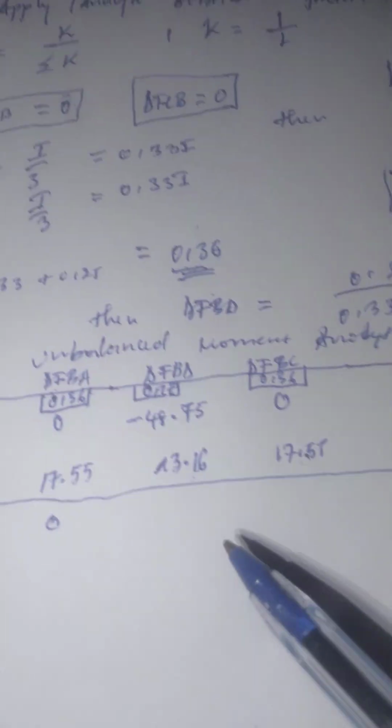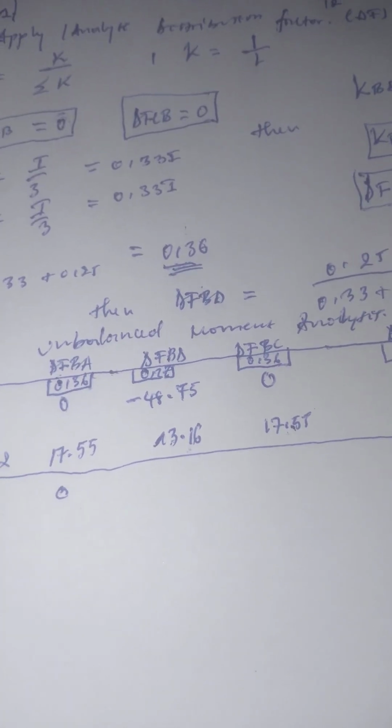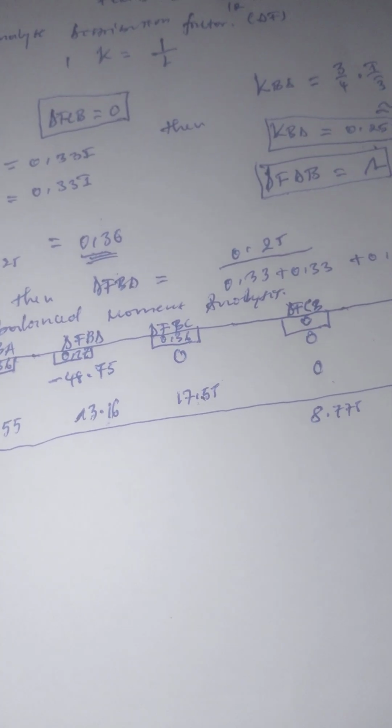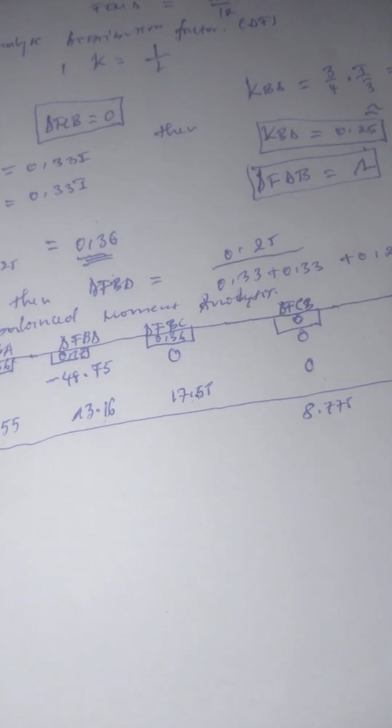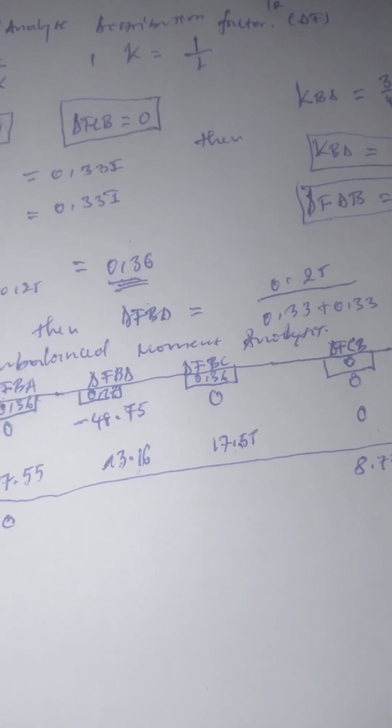And this and this, we take the 13.16 over 2, we get 6.58.